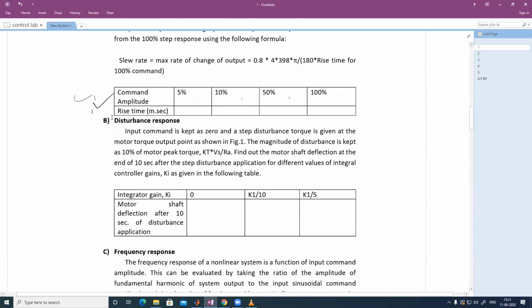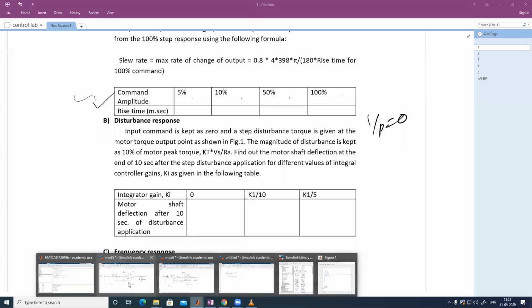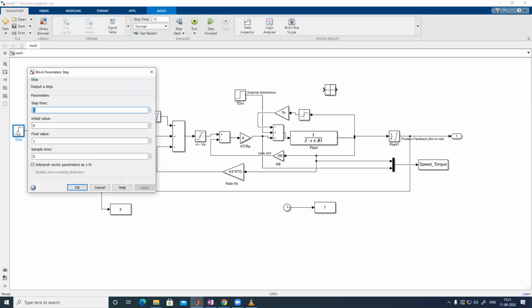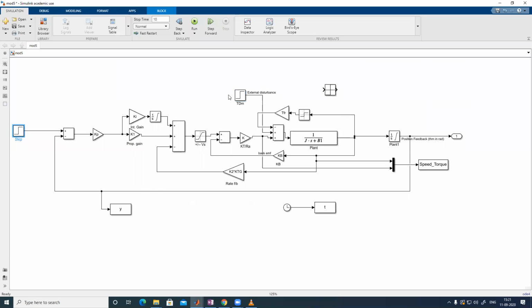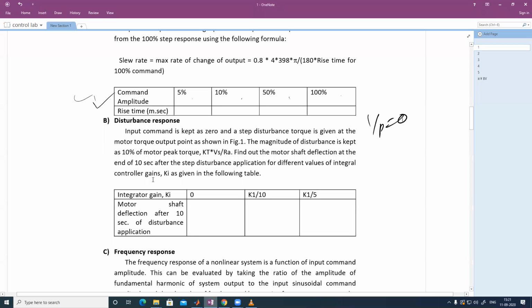The second one is the disturbance response. Disturbance response means the input you have to make 0. Input equal to 0, so the step input you have to make 0. Final value is 0. And you have to give the external disturbance input as 10% of the motor peak torque.